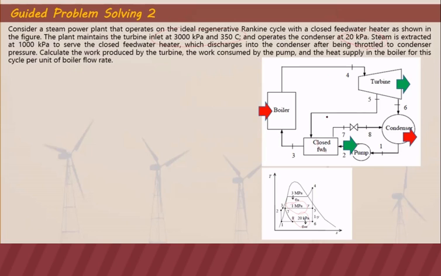Meaning we use a throttling device, a pressure reducing valve, to reduce the pressure and discharge the extracted steam from the feed water heater. So we have here point 7.